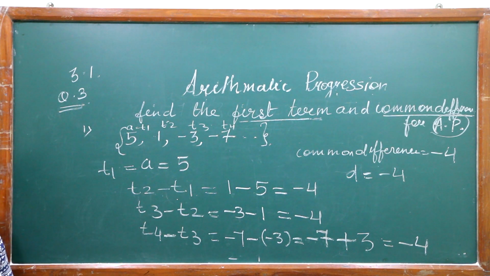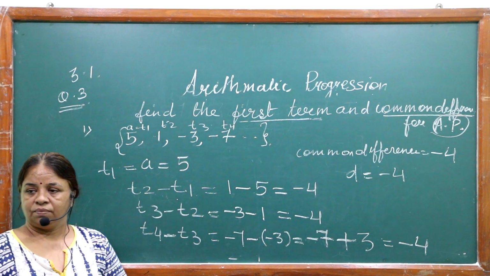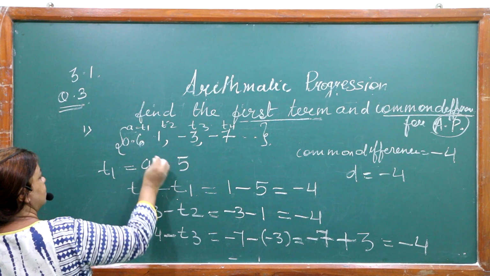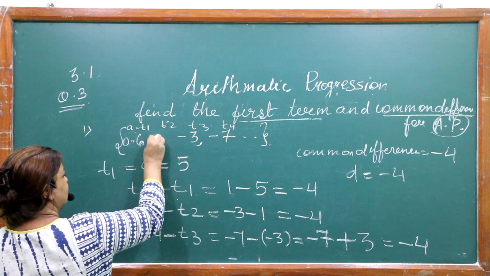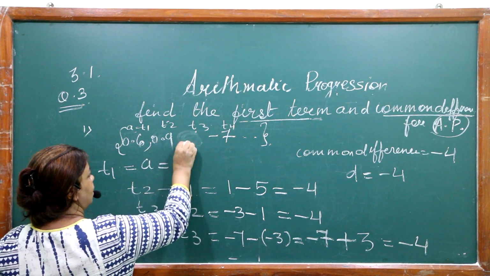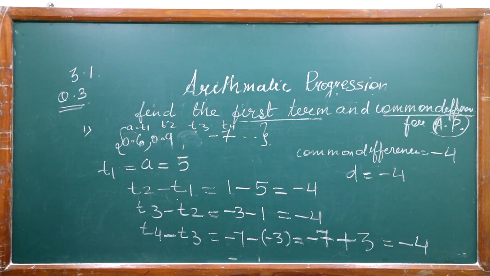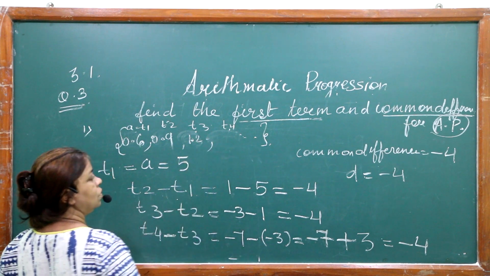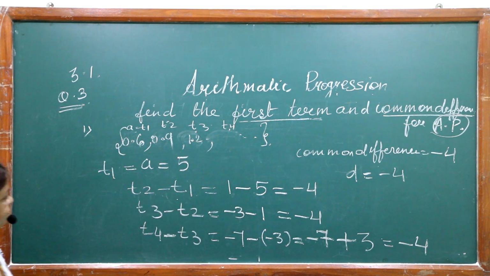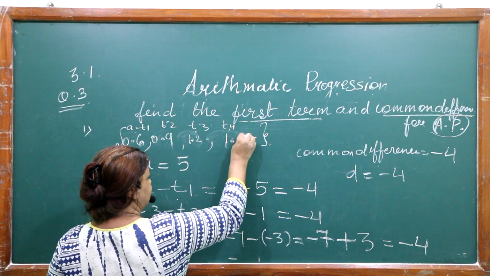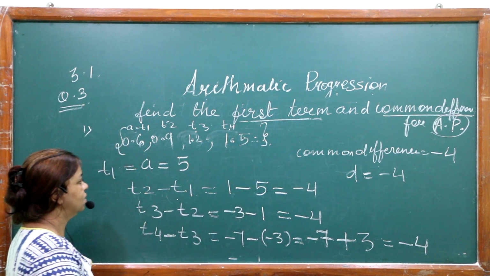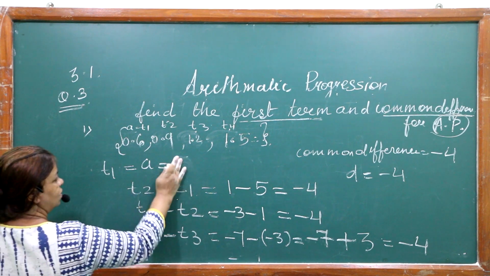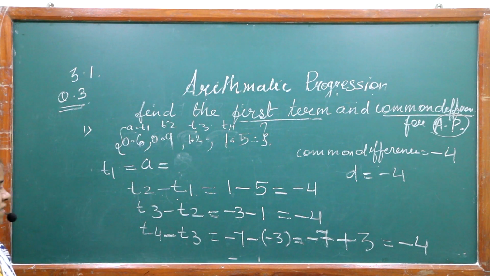And the AP given is 0.6, 0.9, 1.2 and 1.5. I am trying to write in bigger words so that you can clearly visualize it.